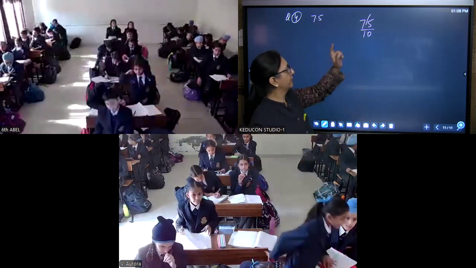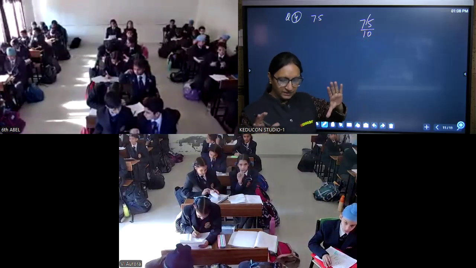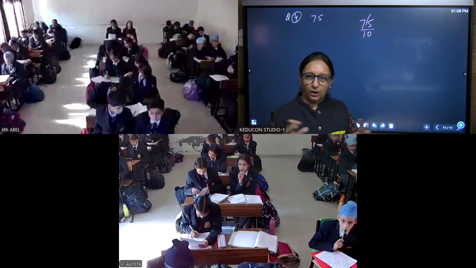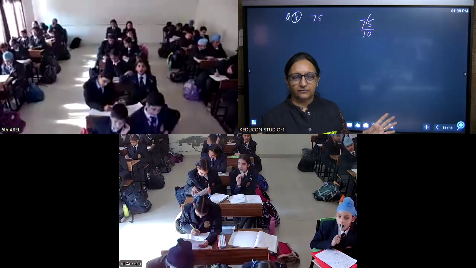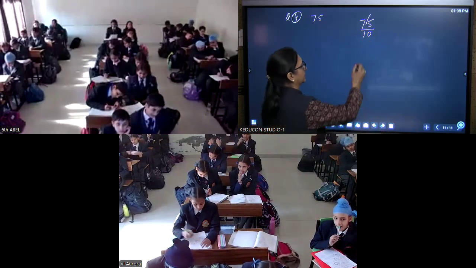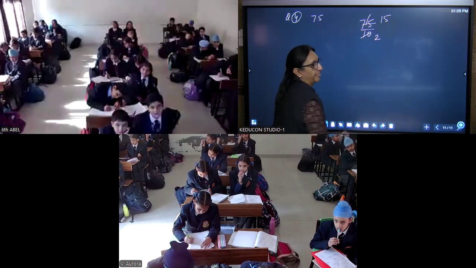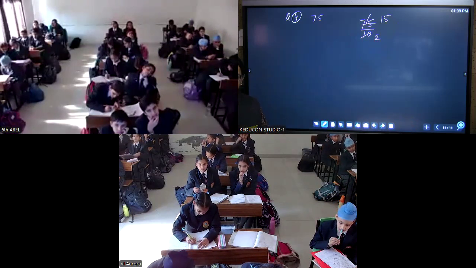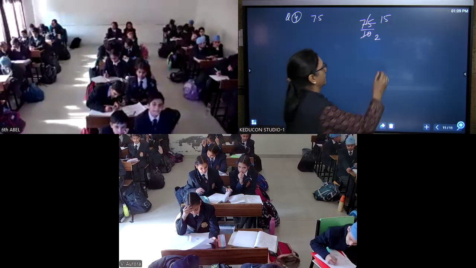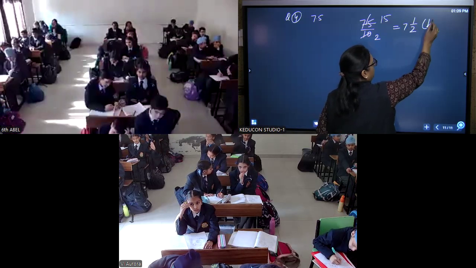When we remove the decimal, we will get 75 by 10. And you can see in options A, C, D, no option is directly showing that it is 75 upon 10. Right? But we have to simplify it. 5 tens are 50 and 15 fives are 75. In mixed fraction, we found it to be 7 1 by 2. So our B option is matching.